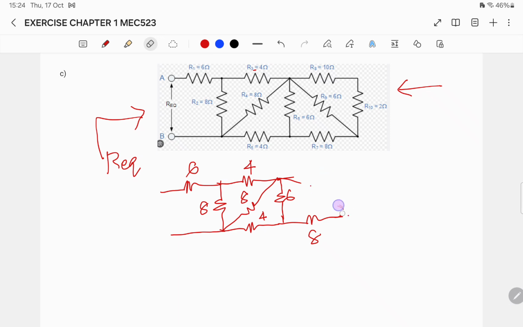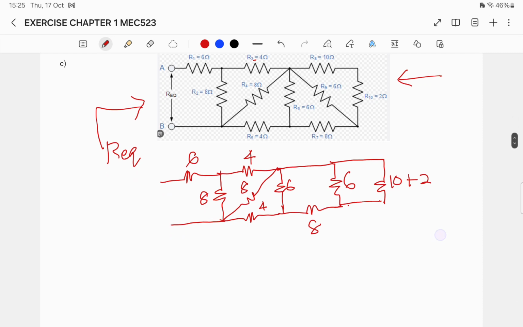Lukis dia dah. Lukis lah Hamzah. Hamzah tak lukis pun. Lukis dah ada. You nak? 6. Ni 10 tambah 2. 10 tambah 2. Kan? Tengok macam ni.